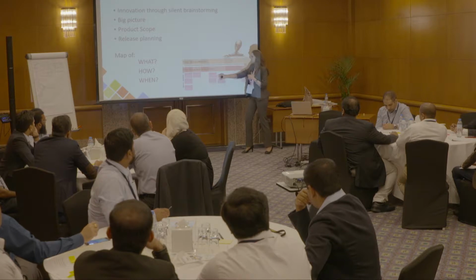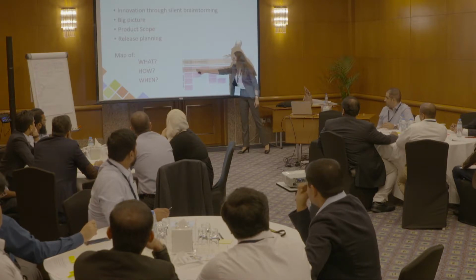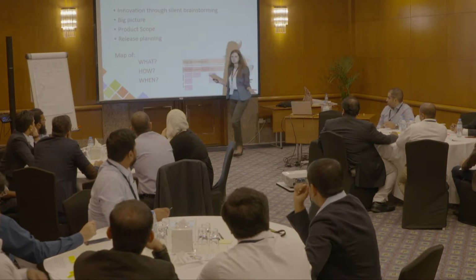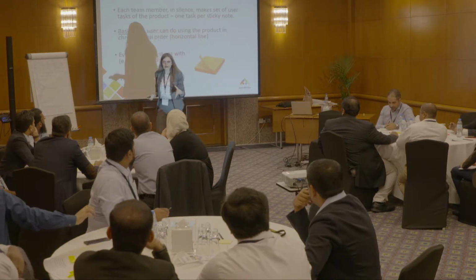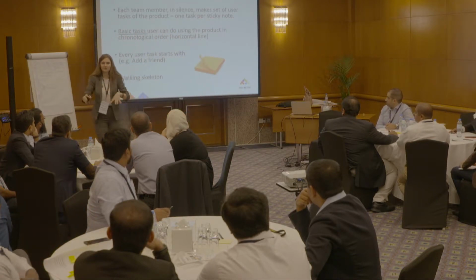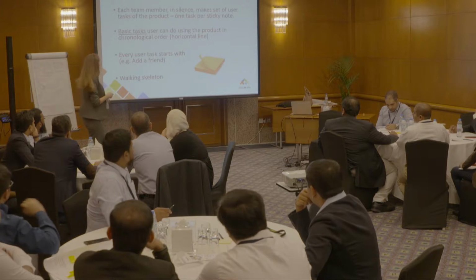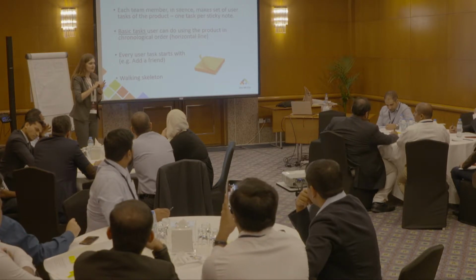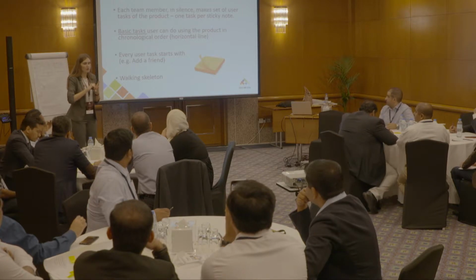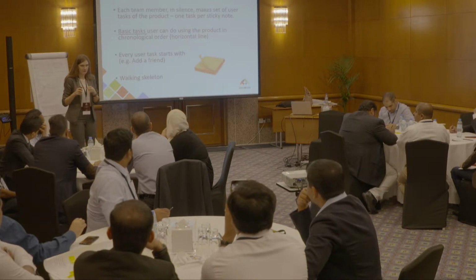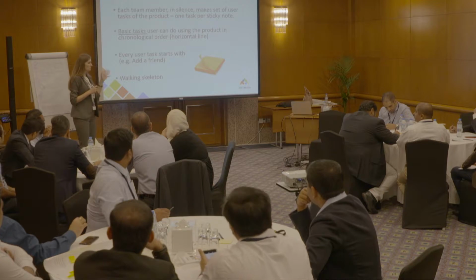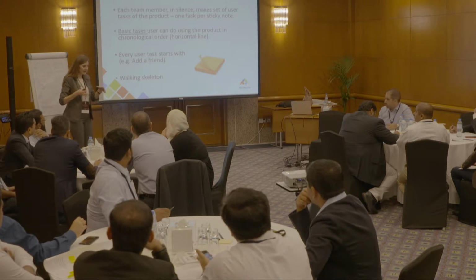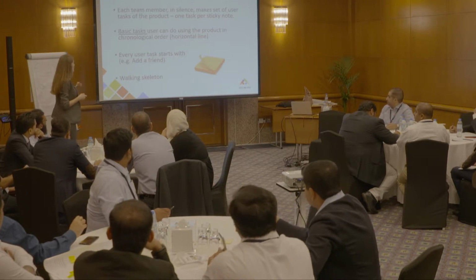This is the last step. So in the next step, we're building the walking skeleton. What's the walking skeleton? Something very basic that everything else stands on, right? So this step means let's create the very basic user flow of how our product should work. That means the basic tasks a user can do using our product.